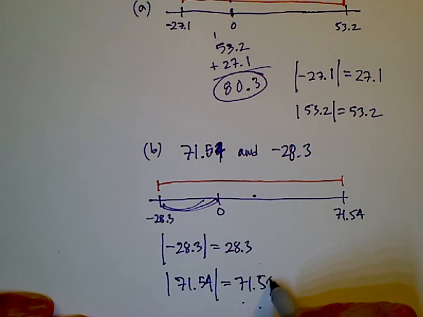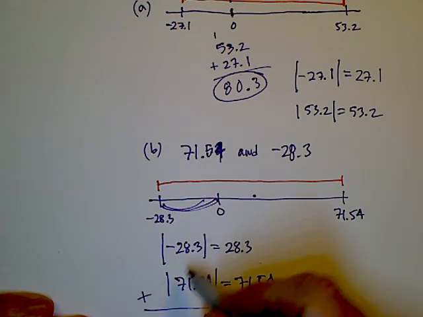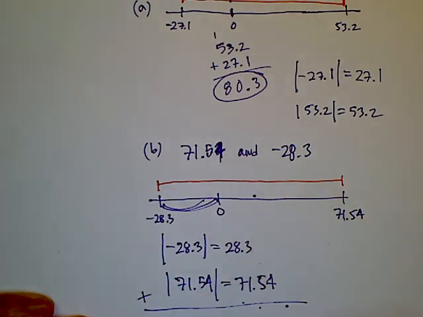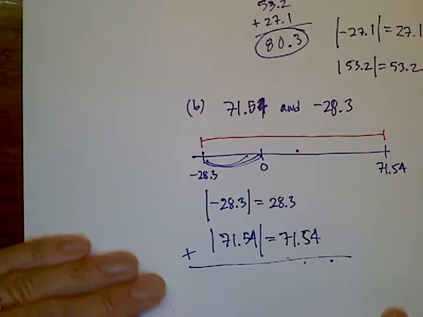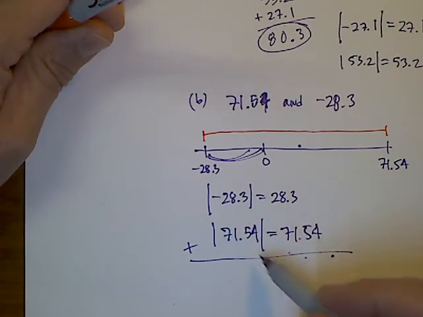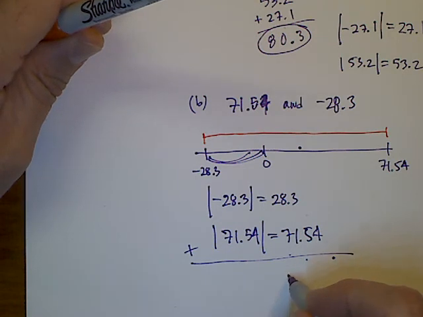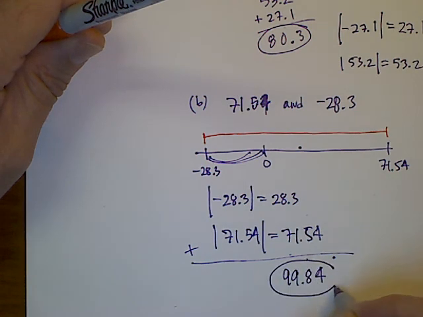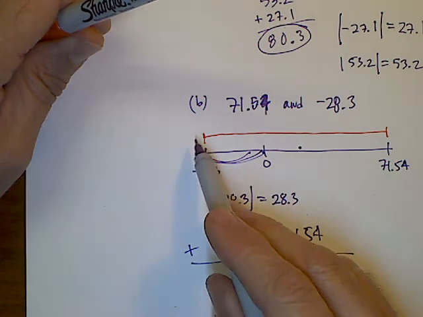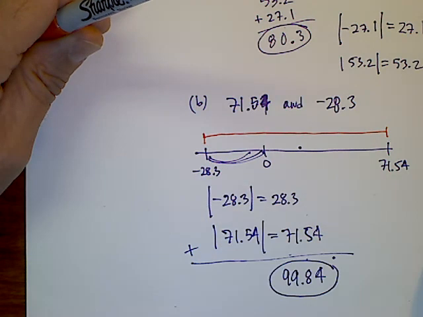So we're basically taking these two absolute values and adding them up. Adding the positive of each of those numbers, I would get 99.84. And so there's my final answer. That's the full distance between each of these points.